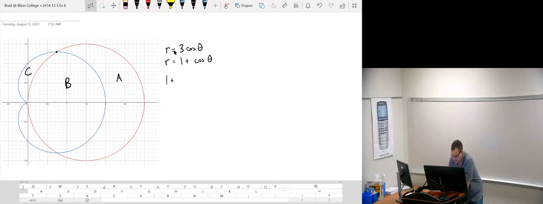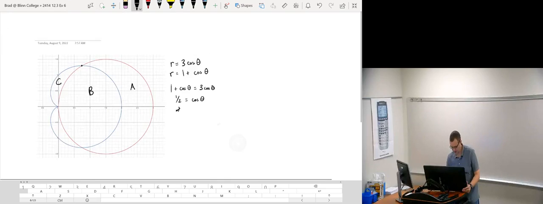We'll set them equal to each other. One is equal to 2 cosine theta, or 1/2 is equal to cosine theta.